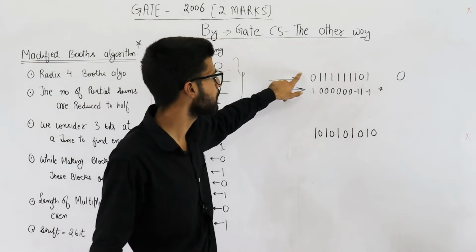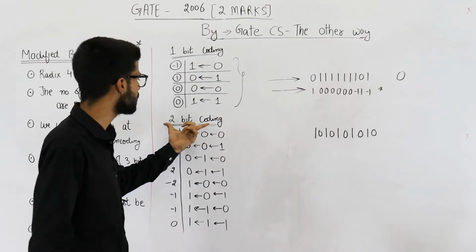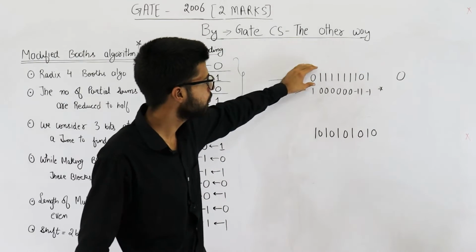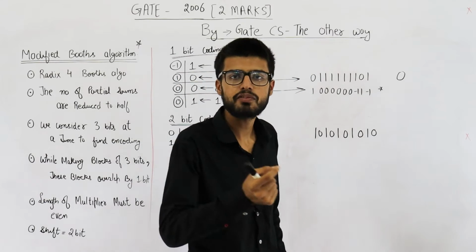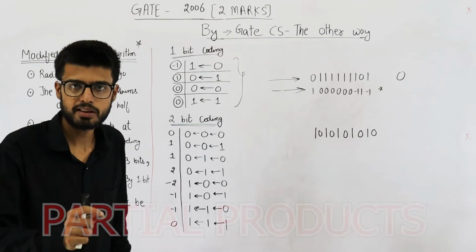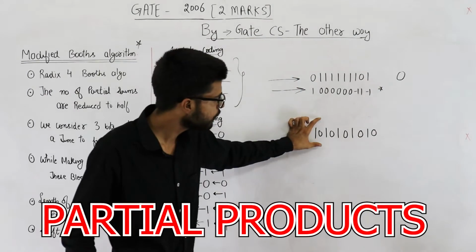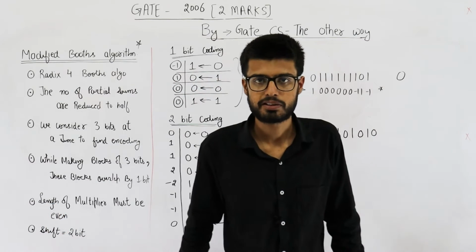So a 10-bit multiplier means a 10-bit code. But if you use 2-bit coding, a 10-bit multiplier will result only in a 5-bit code. Okay, so we have kind of reduced the partial sums to half. Even if you have such an input of 10 bits, you will be generating only 5 partial sums.